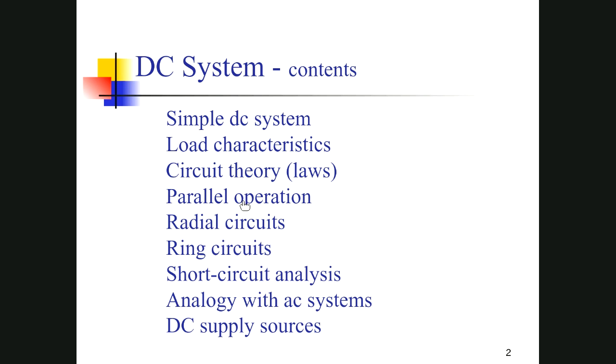In addition to these 2, we have so-called ring circuits, and the performance of ring circuits. What's the difference between ring circuits and radial circuits? We have several examples to show you how to analyze the performance of ring circuits.